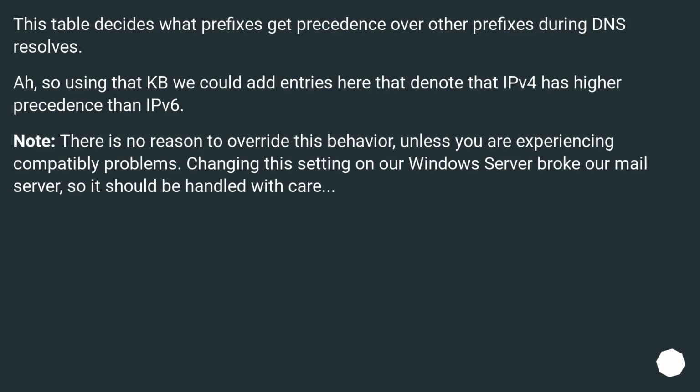So using that KB we could add entries here that denote that IPv4 has higher precedence than IPv6. Note, there is no reason to override this behavior, unless you are experiencing compatibility problems. Changing this setting on our Windows server broke our mail server, so it should be handled with care.